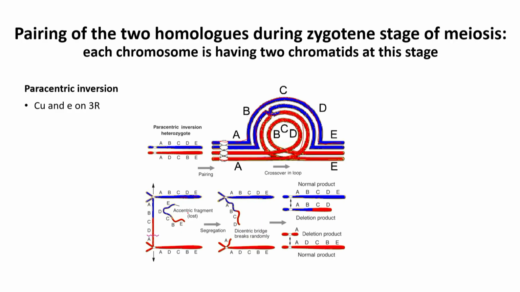Now see the other chromatid. Because you have come to A, this chromatid I am following, this red one, you can go like this, and this will come out like this. So this will become A, D, C, B, E. What will remain?